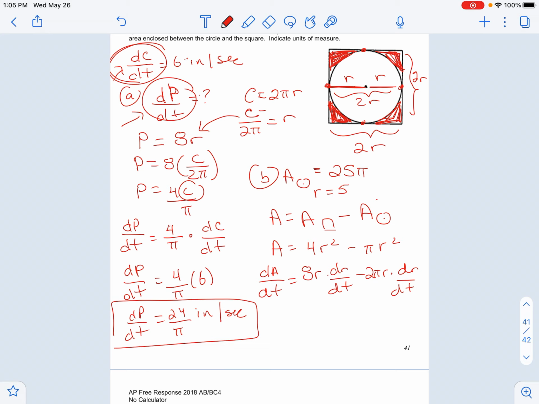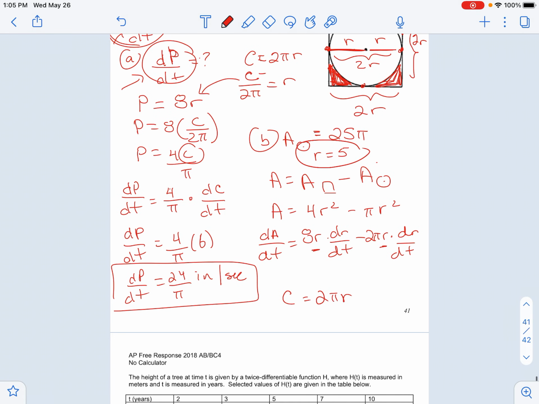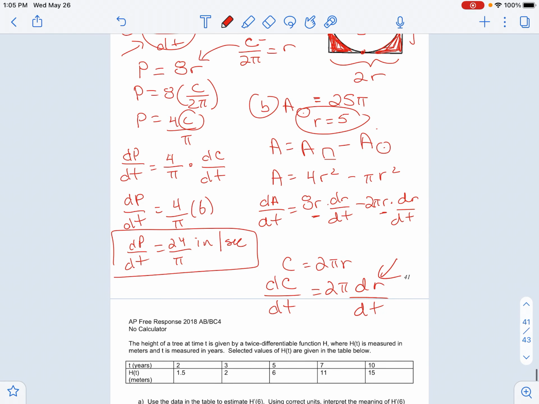Okay, notice I have r, which is going to be 5. I do need dr/dt, but we know that the circumference of the circle is 2πr. I can find dr/dt. If I take this derivative, they told us that dC/dt was 6.